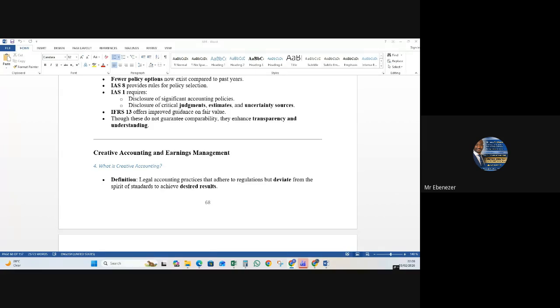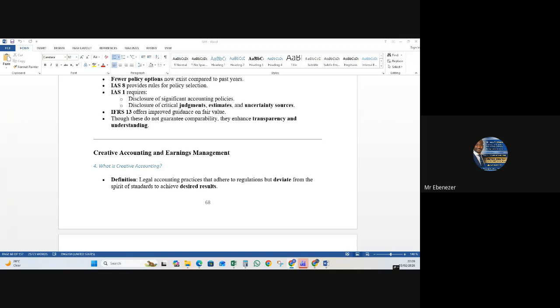These standards are meant to be used and required, but they deviate from those standards just to get whatever results they want, to achieve their aim.